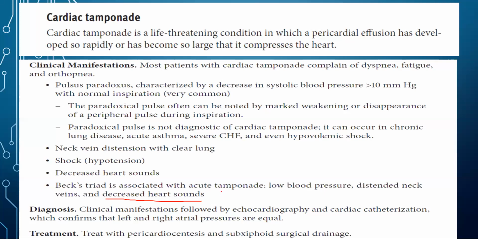So the superior vena cava and inferior vena cava cannot give blood to the right atrium. So you get accumulation of blood everywhere again. You get distended neck veins, so raised JVP. You get low blood pressure also because the heart is not pumping enough blood. And you can get into hypovolemic shock or cardiogenic shock.